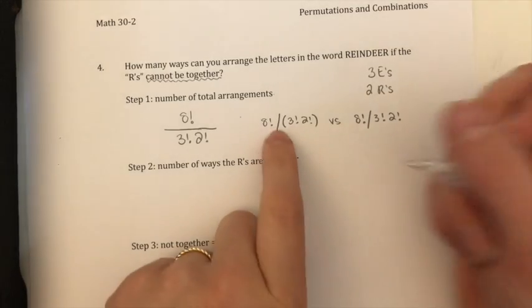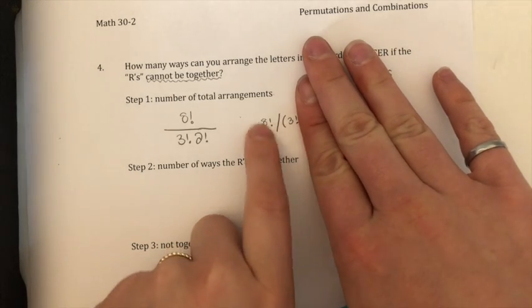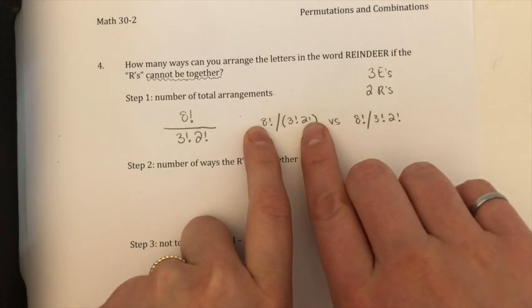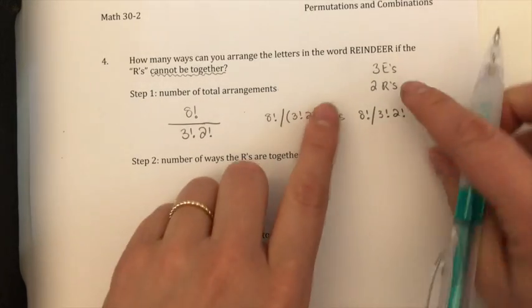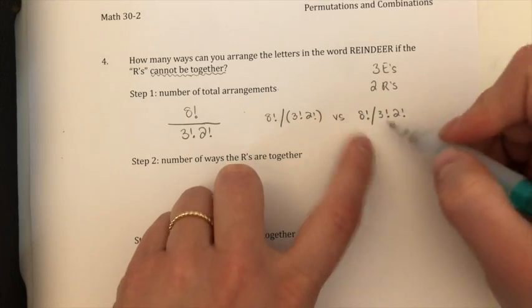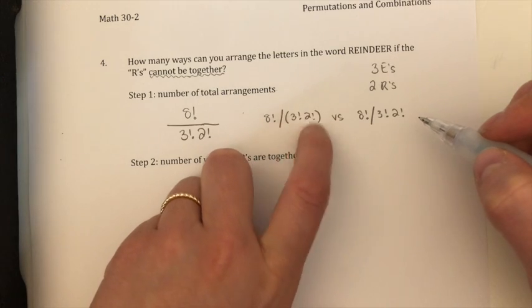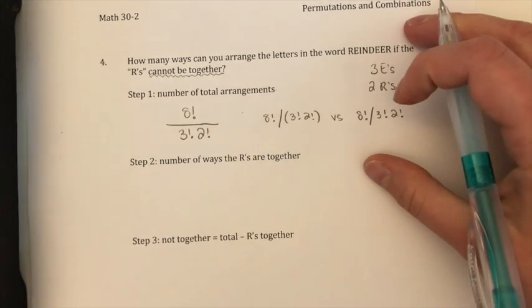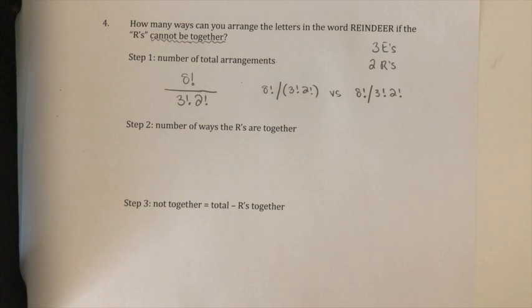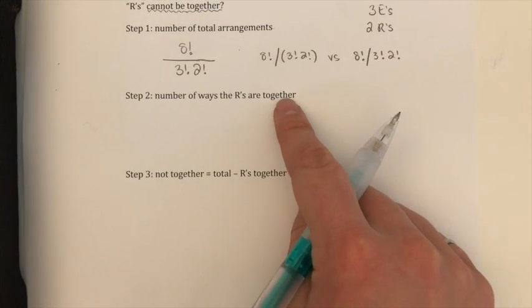So if you leave out the brackets, it's going to say 8 divided by 3 factorial, and then it's going to multiply that whole thing by 2 factorial. So the brackets here are really important to make sure you're dividing by both of those things. Which is why sometimes it's easier to just leave it like this, because then you don't have to worry about calculator errors.